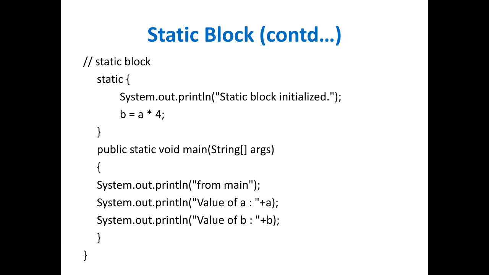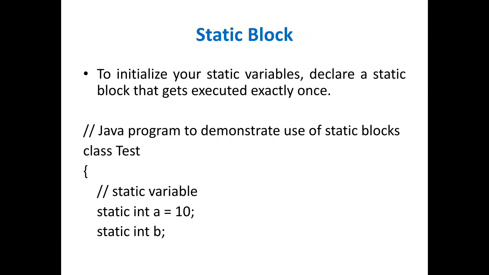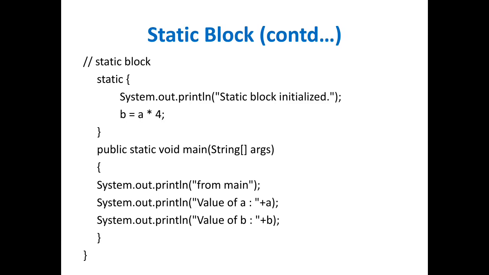Then we have the main method. In main method we are going to print from main, then we will be printing the value of a, then we will be printing the value of b. In the previous slide we know that a value is 10, so 10 will be printed as value of a, and b value is 40, so 40 will be printed as the value of b.